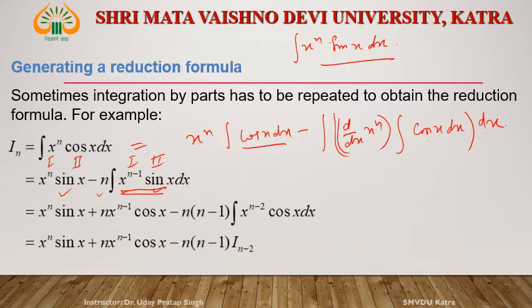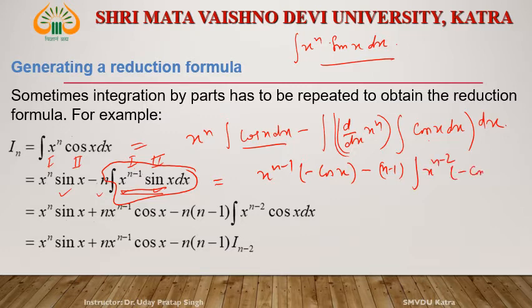The integral of sin x is minus cos x, so this is positive, minus derivative of the first function x to the power n minus 1, that is n minus 1 times x to the power n minus 2, into the integral of sin x, which is minus cos x, dx.